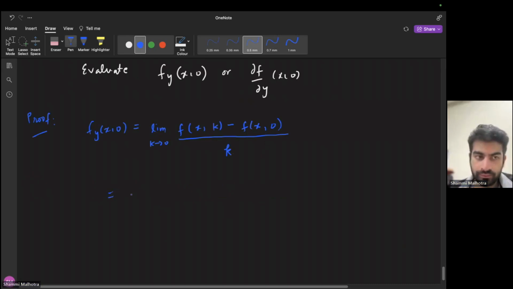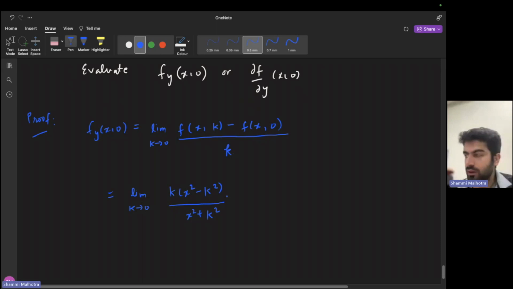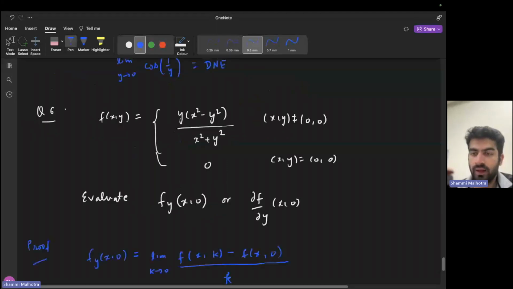Okay, so let us see the values of my function. Limit k tending towards 0; f(x, k) will be k times (x square minus k square) whole divided by x square plus k square. And what is f(x, 0)? Going back to the definition, when x is 0, f(0, 0) is 0.